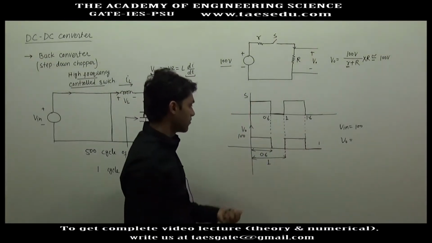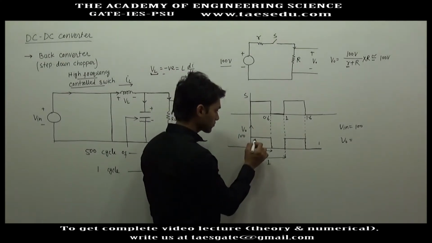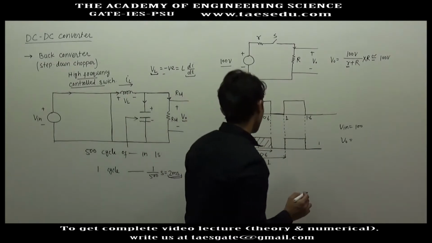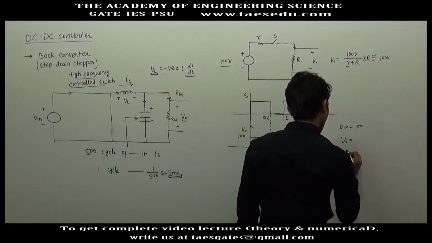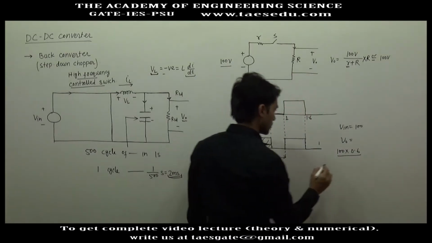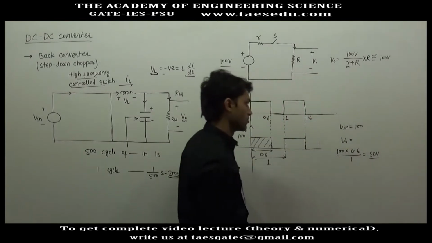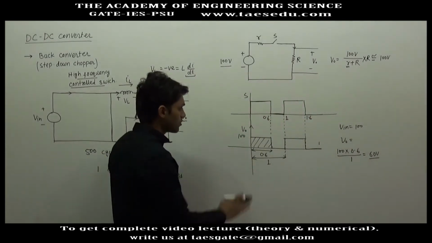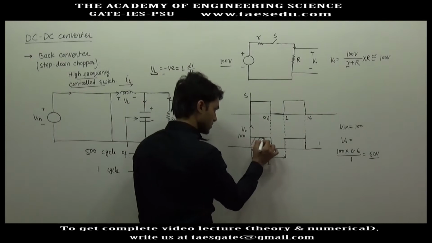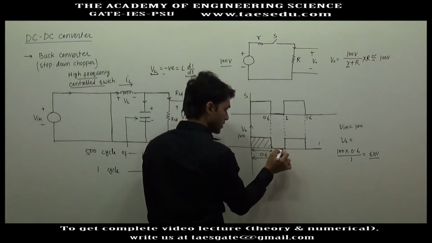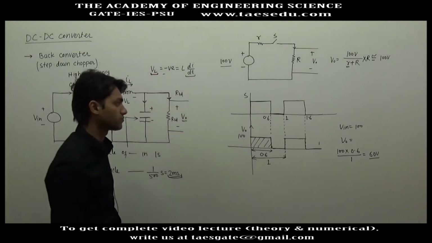So what will be the average output voltage? The total area divided by total duration. The total area will be 100 into 0.6 and the duration is 1. You will get 60 volt as an average output voltage, but the actual output voltage varies. Sometimes it is 100 volt and for the rest of the time it is 0.